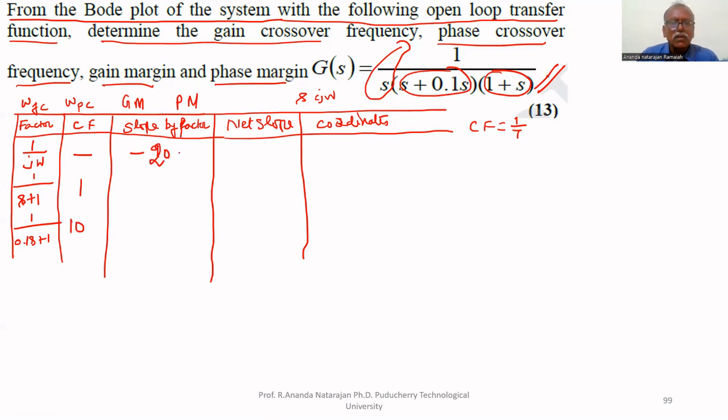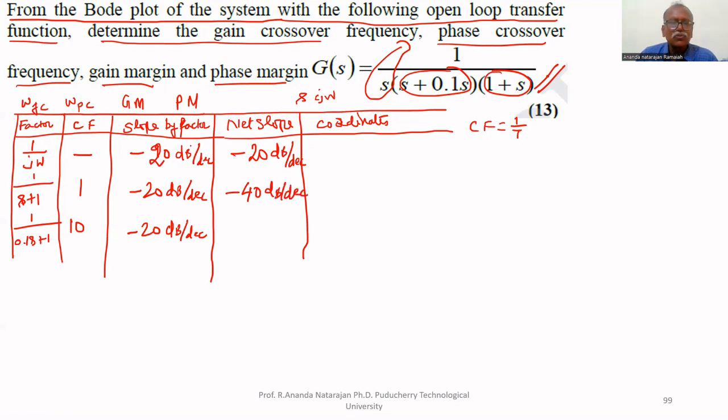The first factor gives minus 20 dB per decade. This is also minus 20 dB per decade. This is also minus 20 dB per decade. Net slope is minus 20 dB per decade, then minus 40 dB per decade.